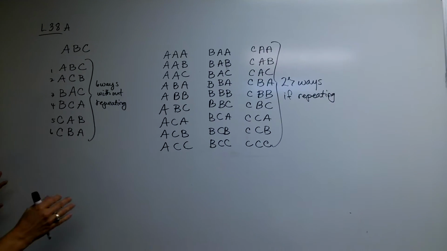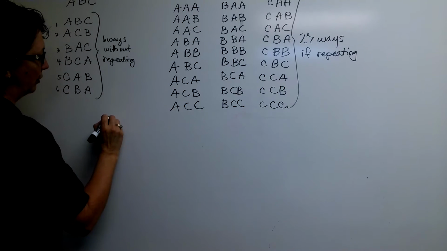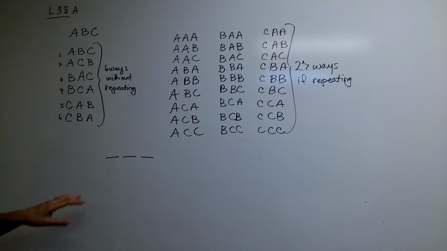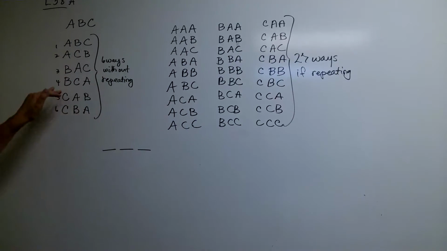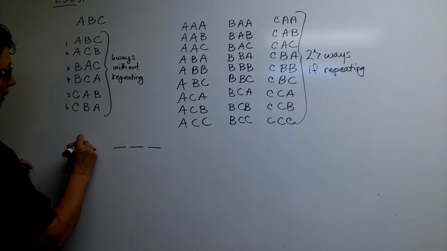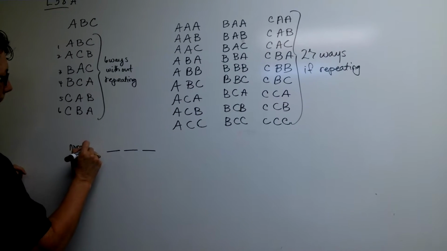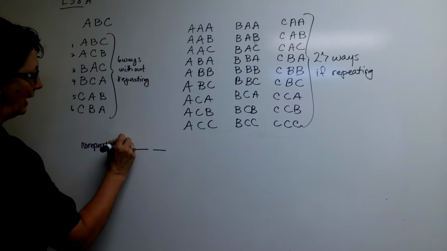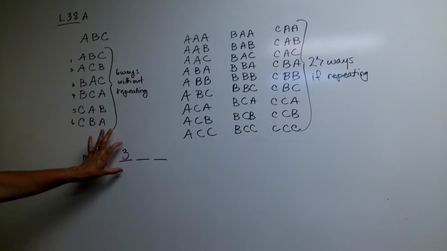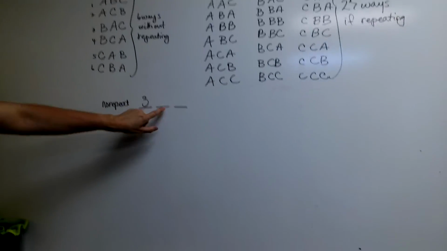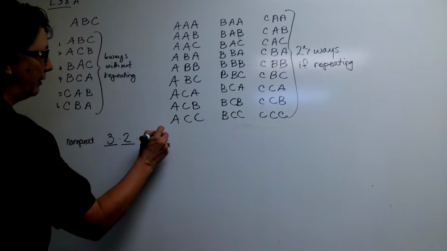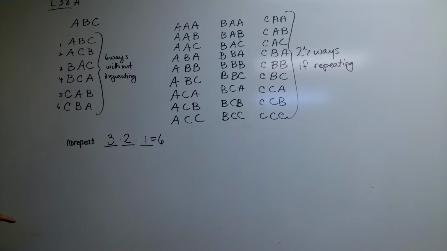And the pattern here is I have 3 things, 3 positions I need to fill. Whether it's repeating or not, 3 positions I need to fill. But if there's no repeat, I have 3 choices to go in the first spot. But once I put one of those blocks there, I only have 2 choices to go here and 1 to go here. If I multiply all that together, I get 6.